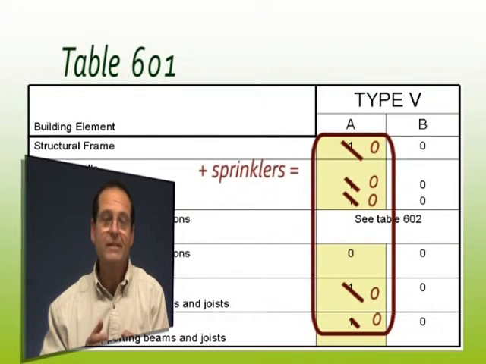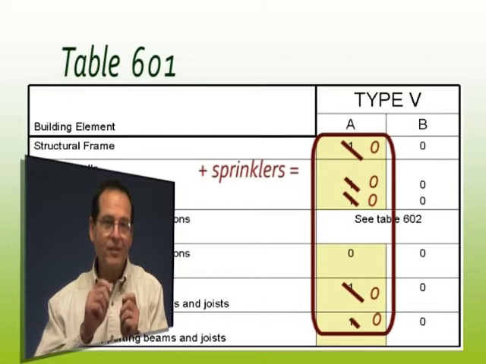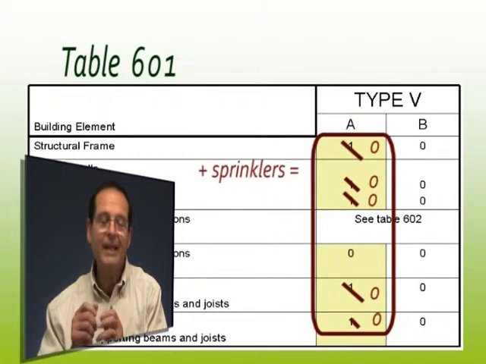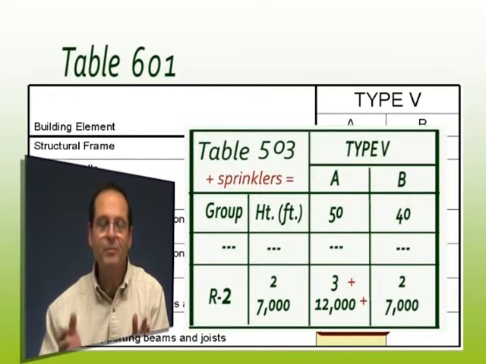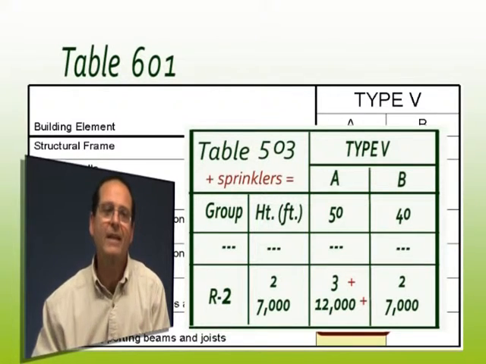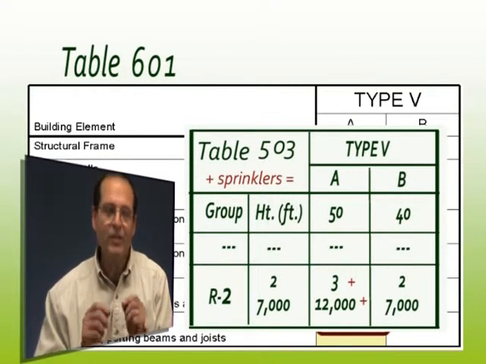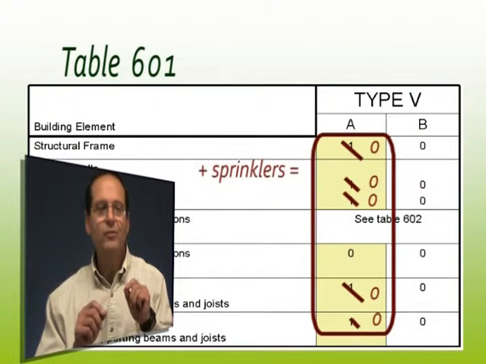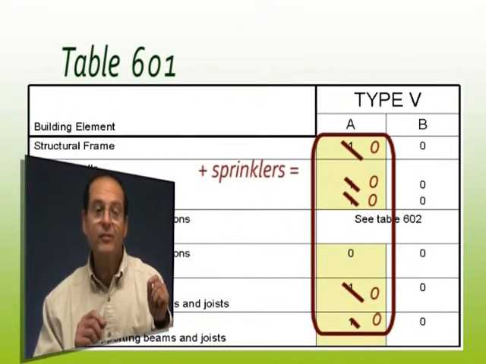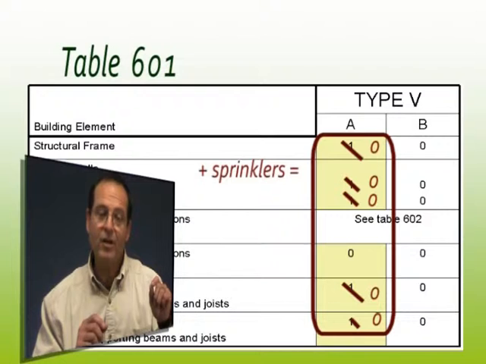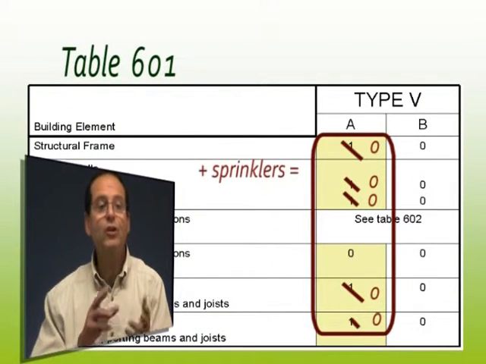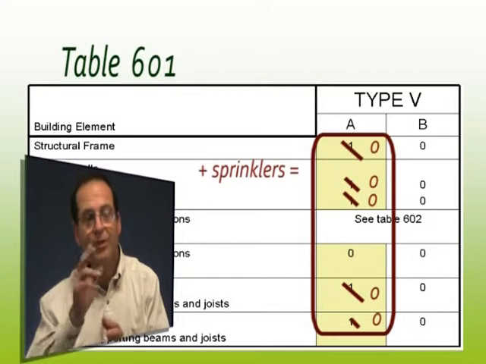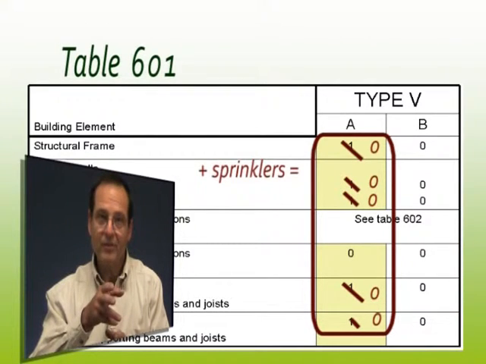Now, there's another piece here which I'll mention in passing, but this is why it's so critical to understand all the various footnotes. If we had used the sprinklers to increase the square footage, which was allowed on that prior chart, or if we used them to increase the number of stories, then we couldn't use them simultaneously to reduce these numbers here.